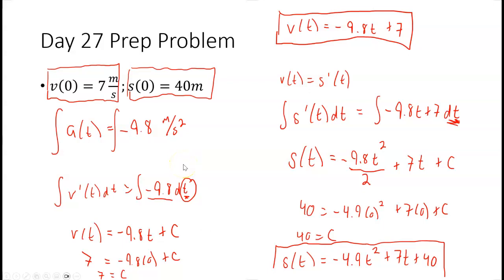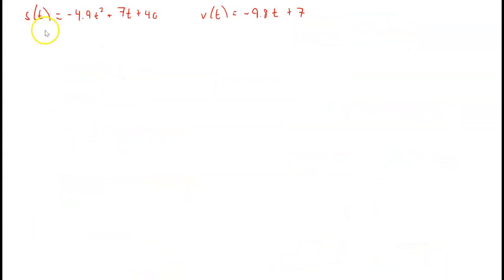The next slide is actually going to go through how we solve the questions that were actually asked. So here are the two equations we found. We want to find maximum height. Maximum height occurs when the velocity is 0, because to reach a maximum height we have to have gone up and then come back down.